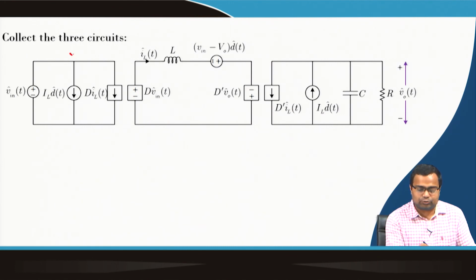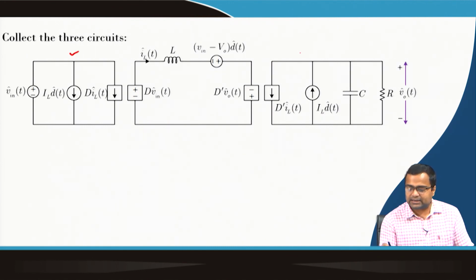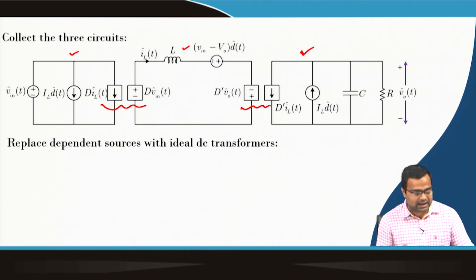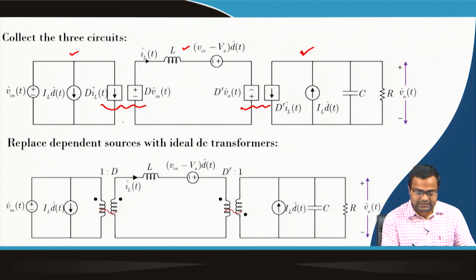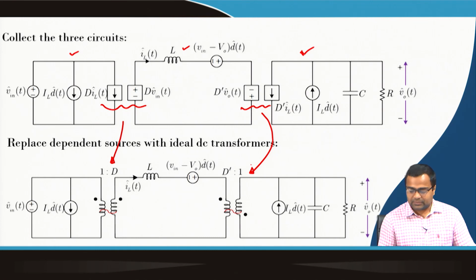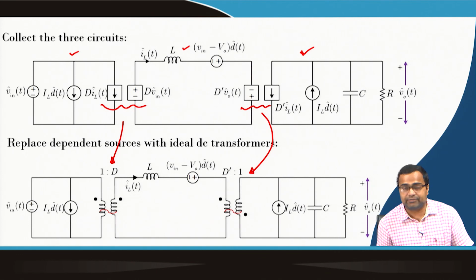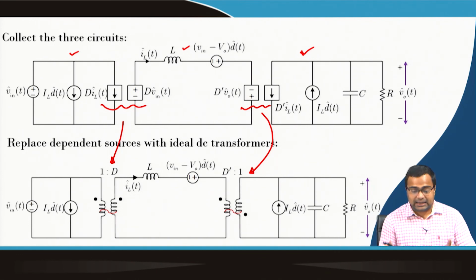The first term is the input current, the second term is the inductor current, and the third term is the output voltage. And you see, between these, we can represent using a DC transformer, the same thing here also, and if you do that, this can be replaced by a DC transformer and this can be replaced by a DC transformer, and we can get the complete equivalent circuit of an inverting buck boost converter, and that can be easily derived using the circuit averaging technique.